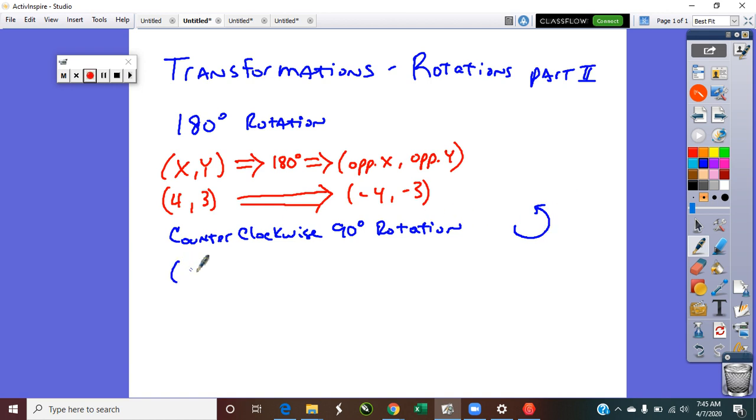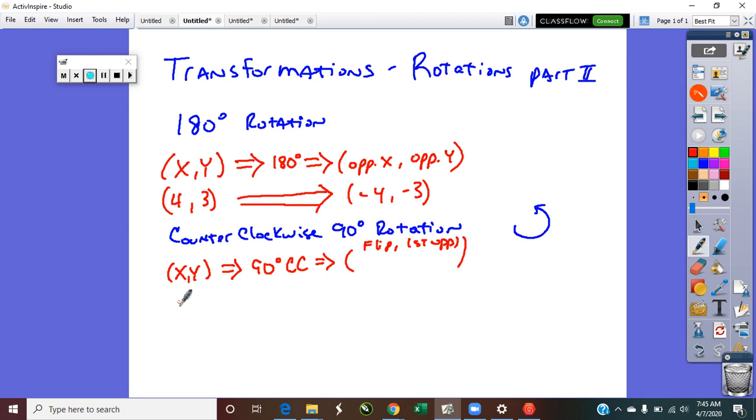So you remember, we have X, Y, and when we have a 90-degree, and we'll put CC for counterclockwise rotation, remember, we're going to flip, and then the first number is opposite. So flip, first opposite.